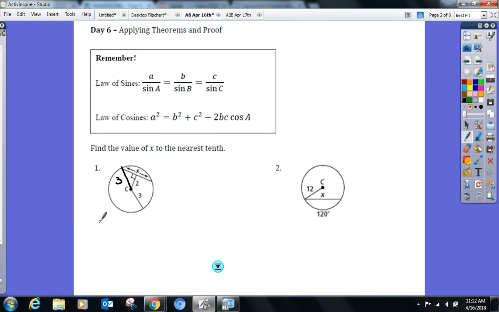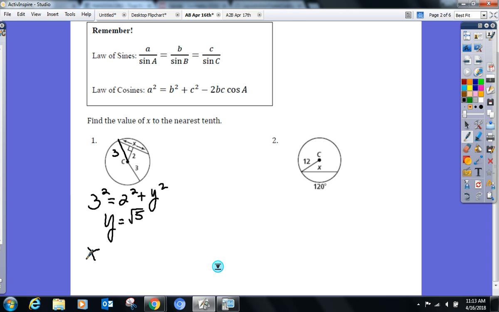What did the Pythagorean theorem look like? I'm going to put in a different variable, so we know we're not solving for that whole chord. It came out to be the square root of 5, and that's half of the chord. So what do you have to do to find the full chord? Multiply it by 2, so 2 times radical 5 to the nearest 10th.